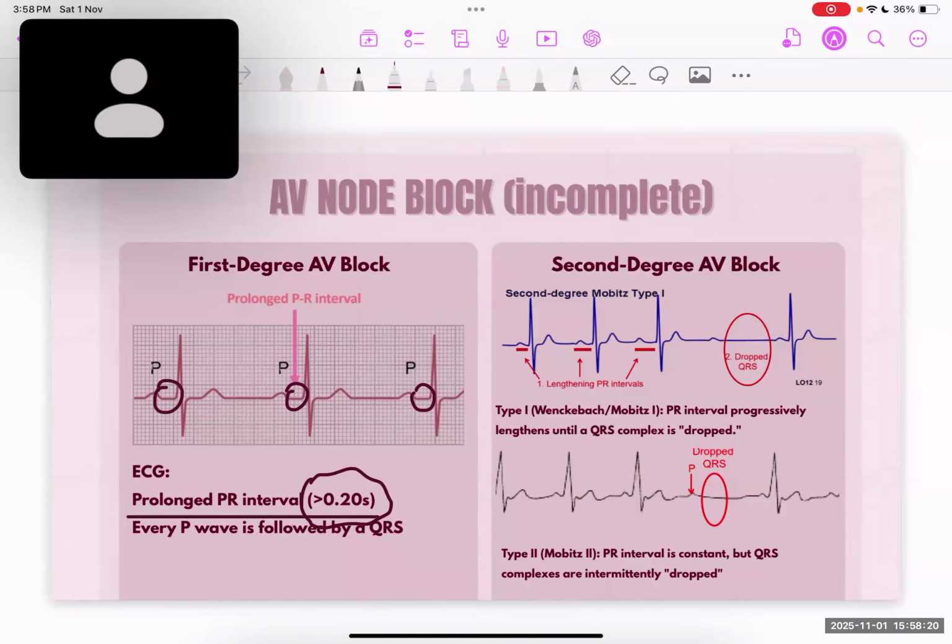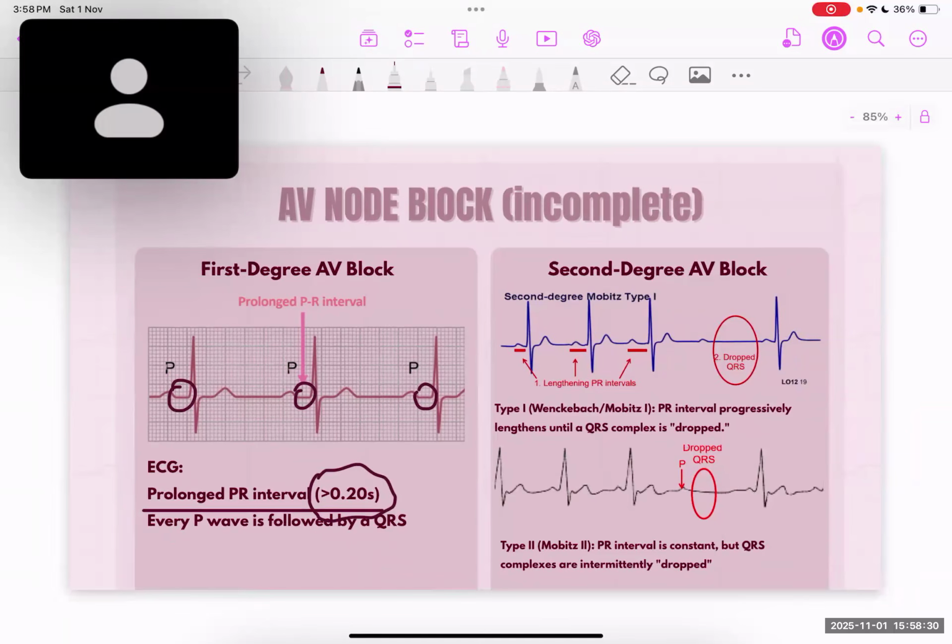Now, second degree AV blocks. We have two types: type 1, Mobitz type 1, and type 2, Mobitz type 2. In type 1, the PR interval keeps getting longer and longer, and then you get a dropped QRS. The whole beat dropped. There was supposed to be something here, but nothing happened. But before that, you have a prolonging.